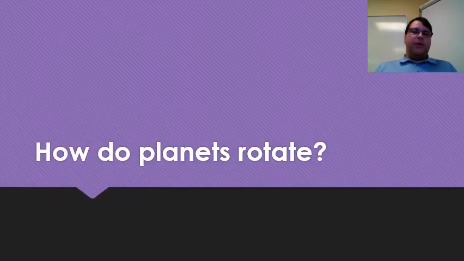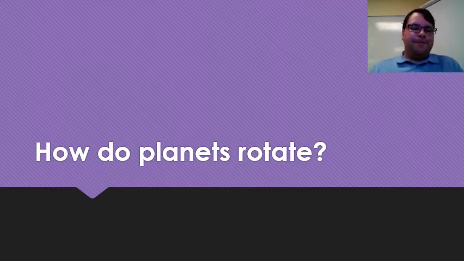So here's the big question. How do planets actually rotate? So we talked about some of the features of terrestrial planets, but how do these objects move? Well, they're solid objects. Granted, some of them have atmospheres, and they're not completely solid in general, but their rotation is similar to that of a solid object.